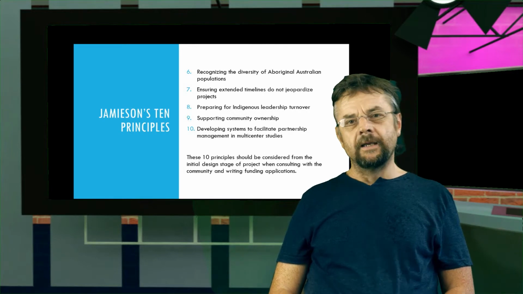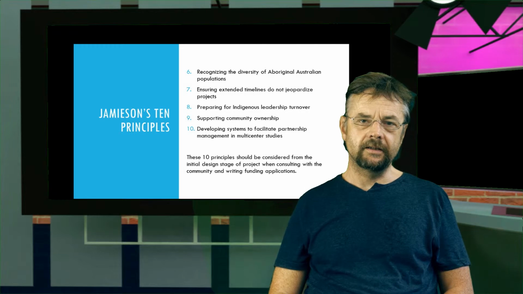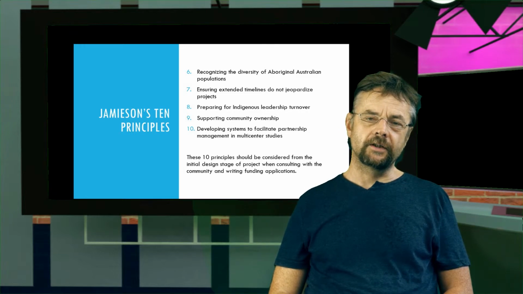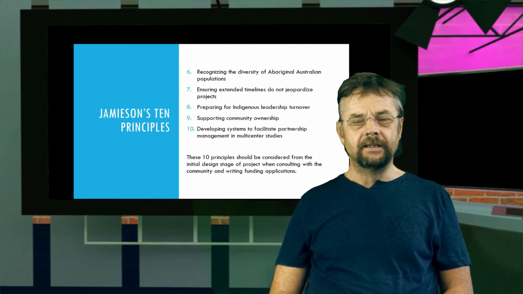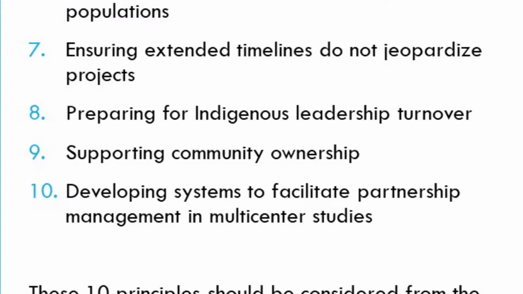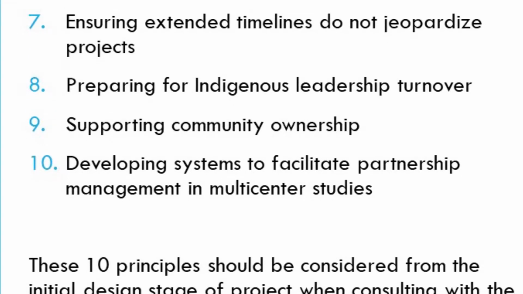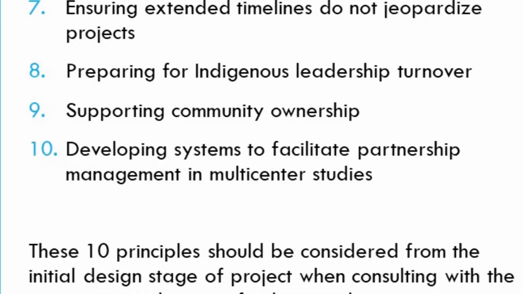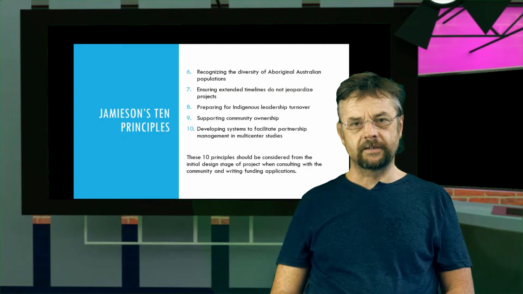Ideally, doing so by forming Aboriginal advisory committees where possible, and by researchers constantly reviewing their research with these committees and with Aboriginal staff, or with staff and community members if an advisory committee isn't possible. And finally, Principle 10, developing systems to facilitate partnership management. Multi-centre studies require developing transparent agreements for managing partnerships.